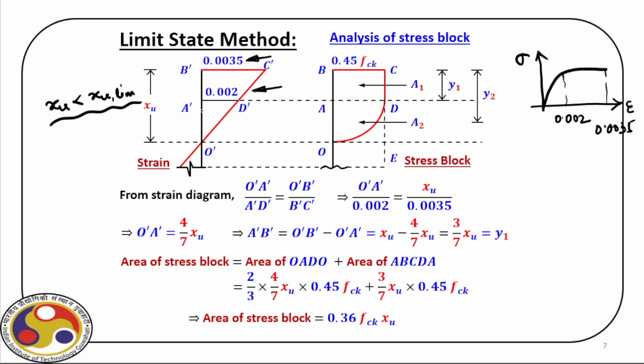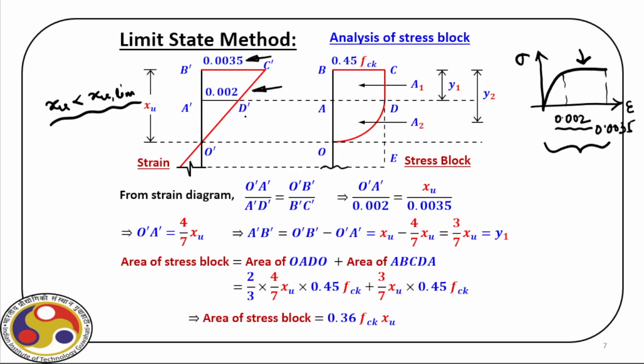What we do is plot strain with distance, starting from the neutral axis where the strain is 0. Then strain varies linearly over this range. At the same time, over the same distance, we plot stress, which is initially parabolic, and beyond the point of 0.2% strain it is flat because we have already idealized the curve here.